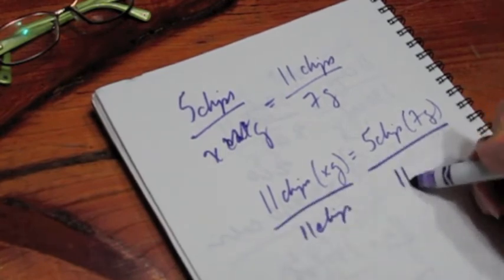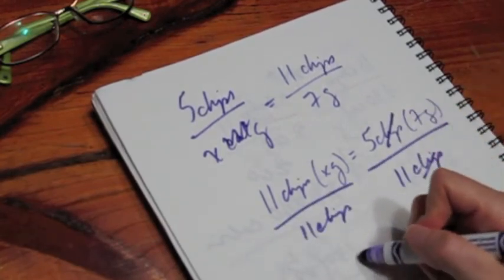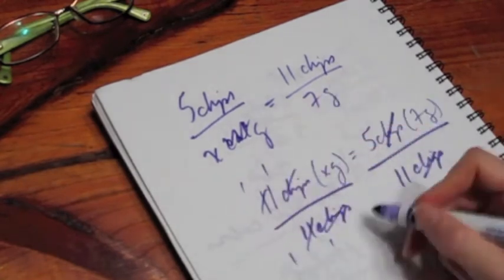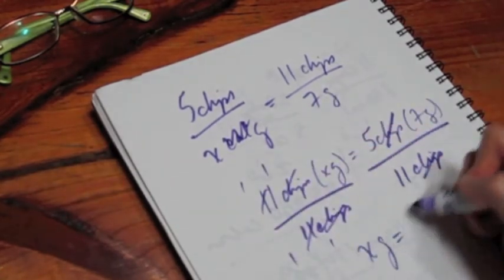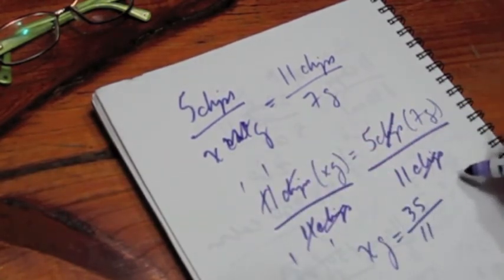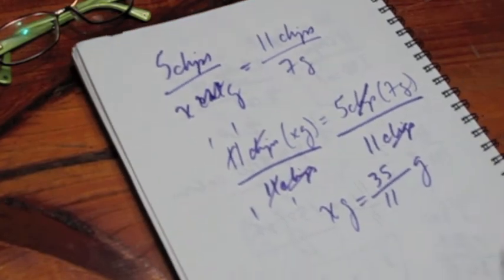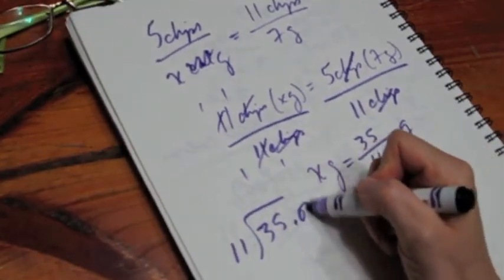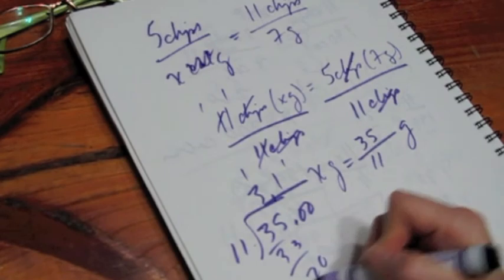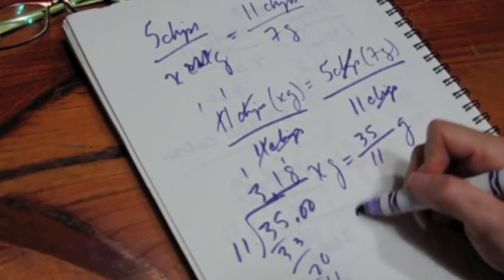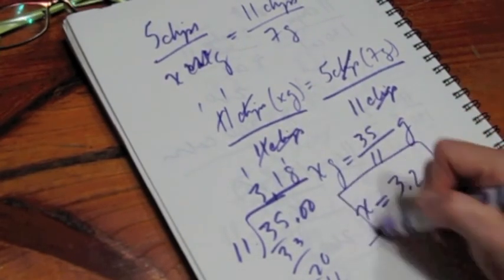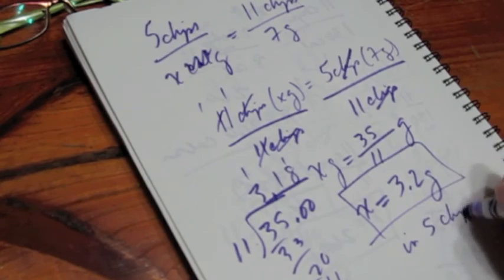Divide by 11 chips on both sides. Divides out, gives me 1s. And a little more long division here to find out 35 divided by 11. And I get that there are 3.2 grams of fat in 5 chips.